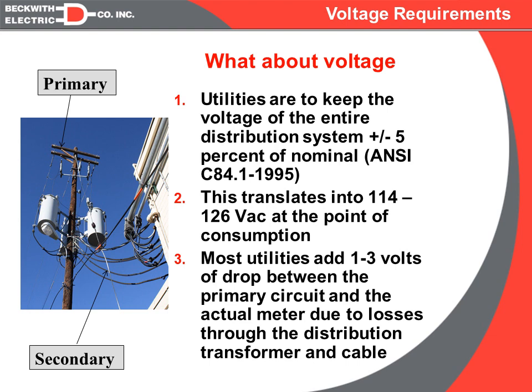So realize as later sessions, as we start getting into settings, we are anticipating a voltage drop across the entire system, and we do need to accommodate for additional voltage drop once we leave our primary before it gets to the actual consumer. Any voltage drop that occurs after it hits the meter is the responsibility of the end consumer and not the utility.